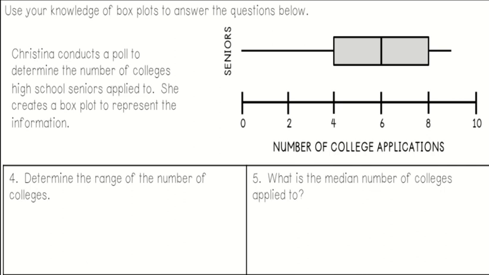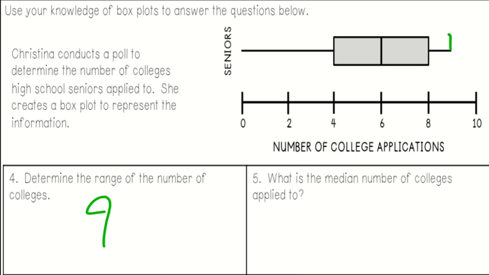Number 1 there says, what is the range of the number of colleges? So who thinks they can give me the range? Greg? Nope. Robert? Nope. 9. All right, range is maximum minus minimum.